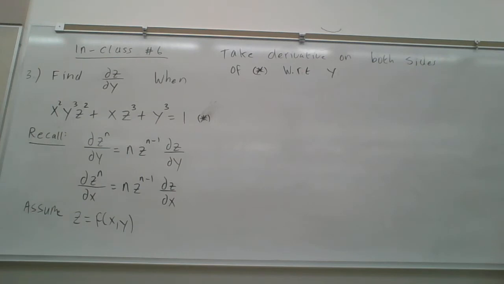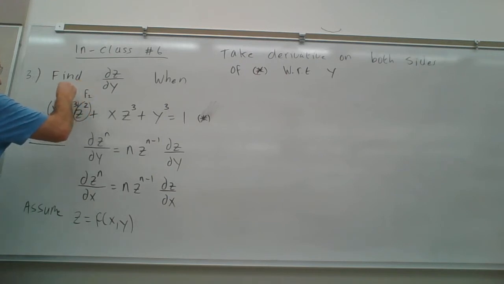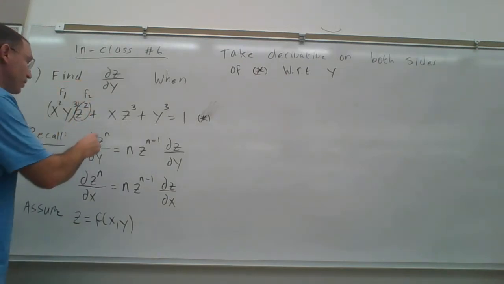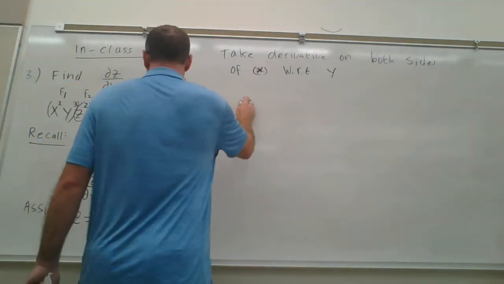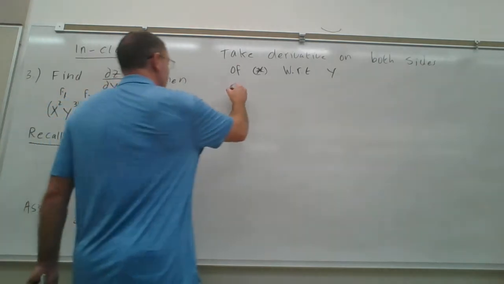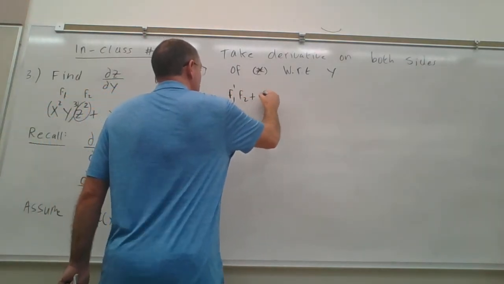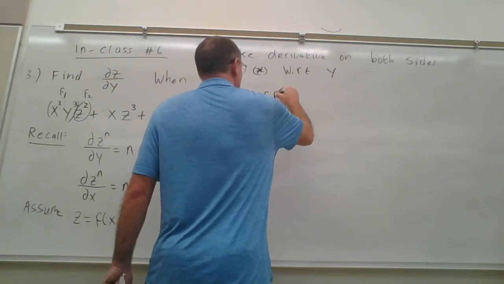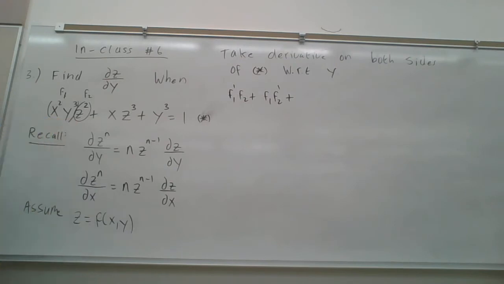Okay, so we can break it into a couple of pieces here. Think of that as one function, call it f1, and this is f2. So doing that, you have to use a product rule on this first piece, which is going to be f1 prime f2 plus f1 f2 prime, plus, we'll come back to that one.